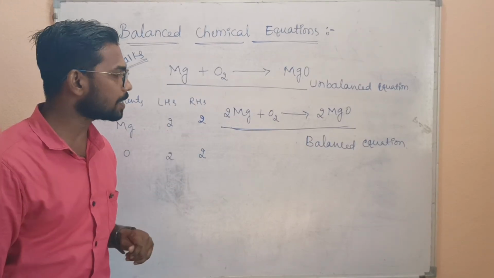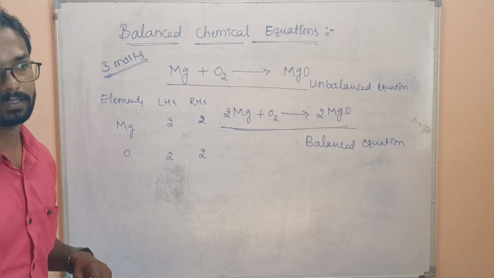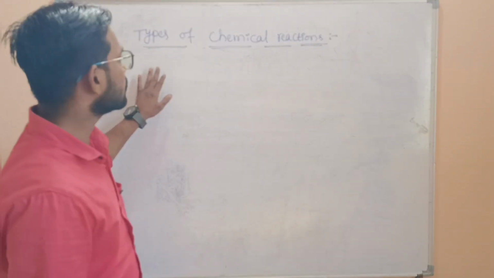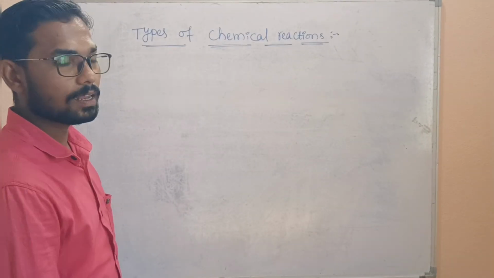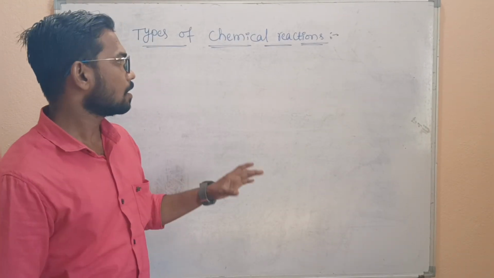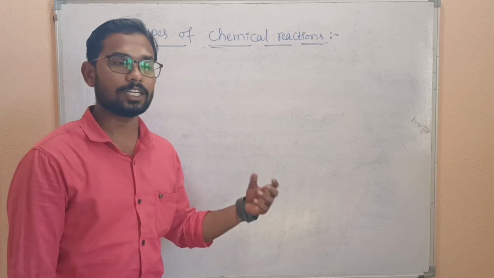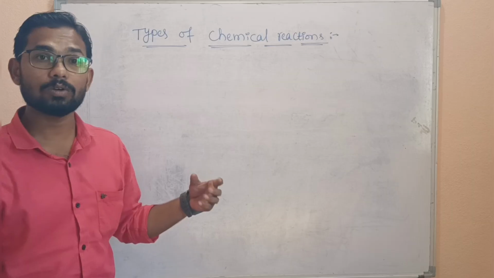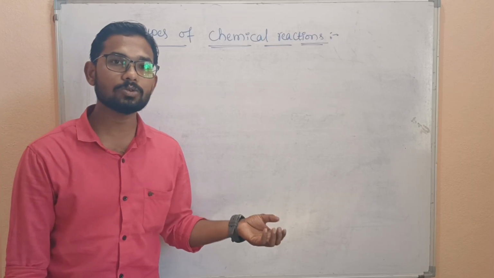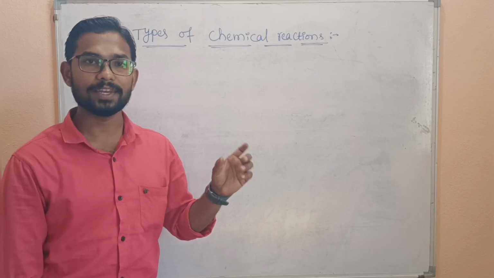Okay, so the next topic of this chapter is the types of chemical reactions. Already in 9th class we learned that in chemical reactions elements do not change into another element, but they reshuffle, that is, they convert to form a new product.